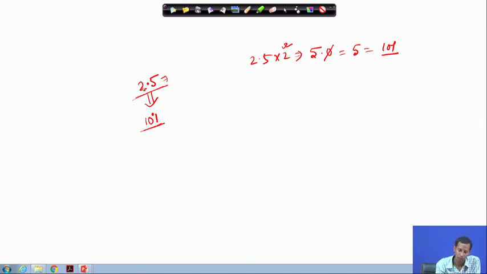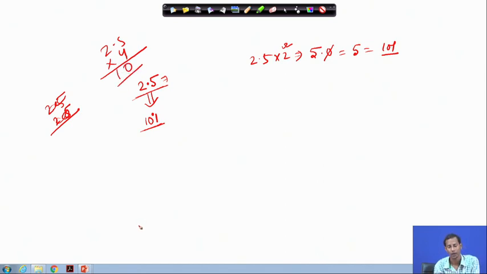Now suppose I have to multiply this 2.5 with 4. The result is 10.